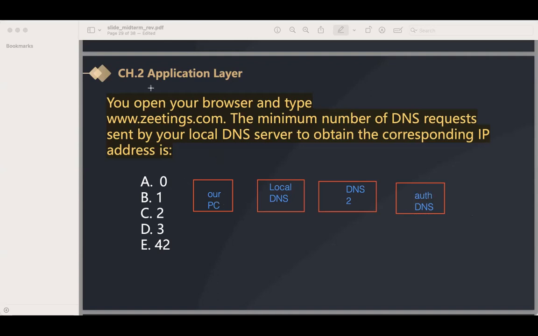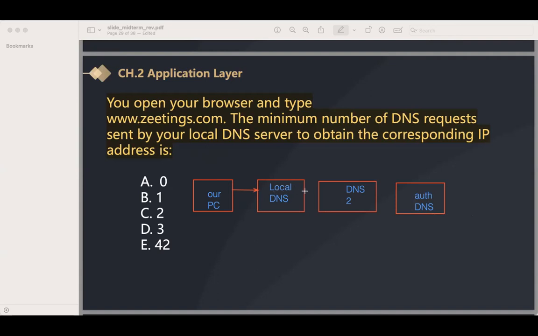So in this case, if we have no idea what the IP address of a website is, and we want to connect to it, then we need to ask what the IP address of the website is. We will first submit the request to our local DNS.